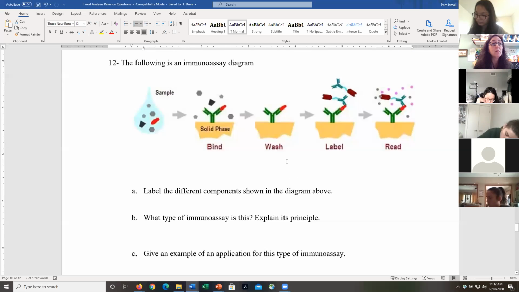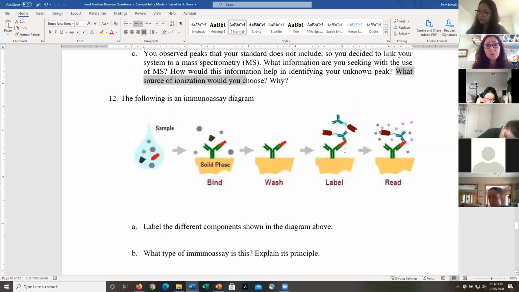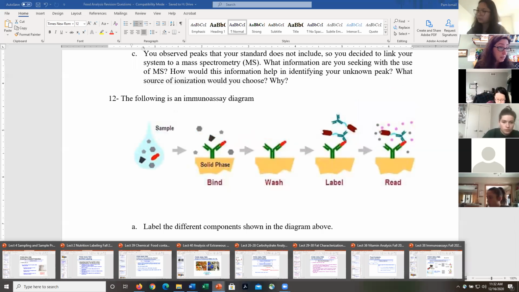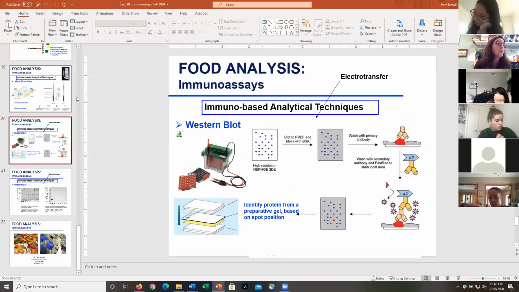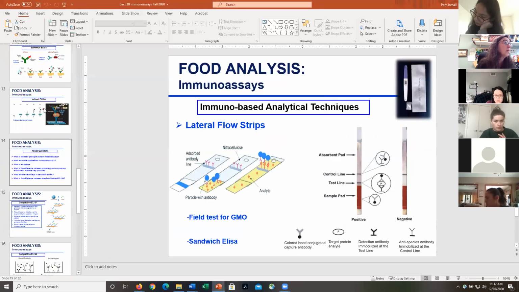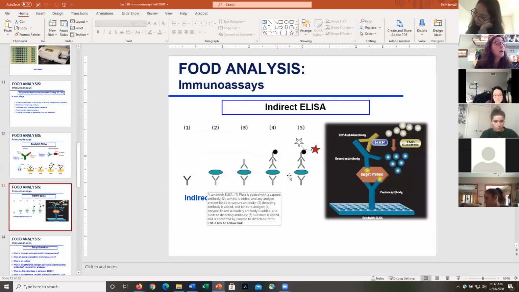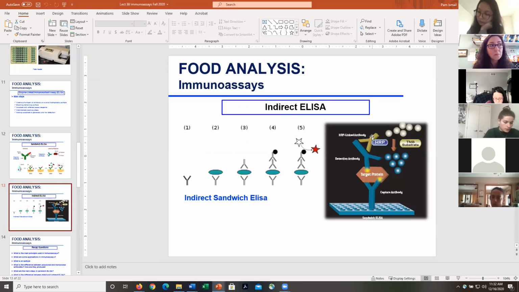Again, remember the difference between sandwich ELISA and indirect ELISA. Indirect ELISA is not competitive ELISA. Just make sure you know the difference. Some students get confused with these. Indirect ELISA is basically you just have an additional antibody. We call it secondary antibody, that is antibody to the first antibody.